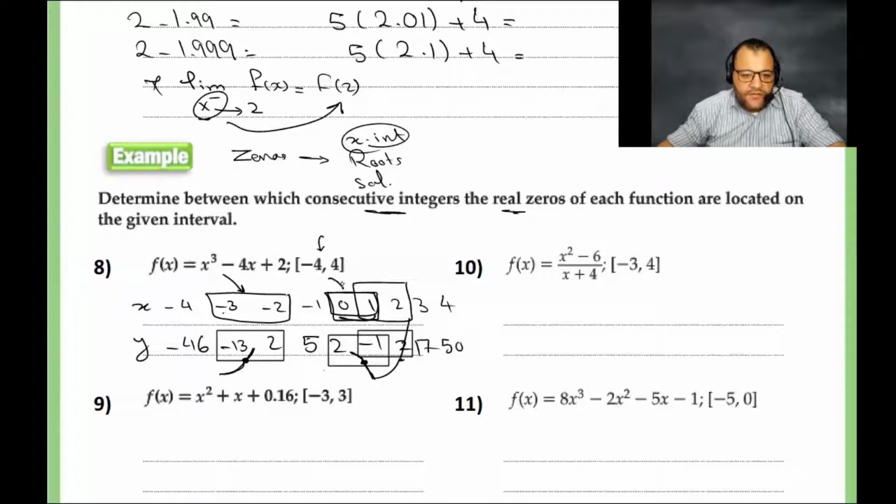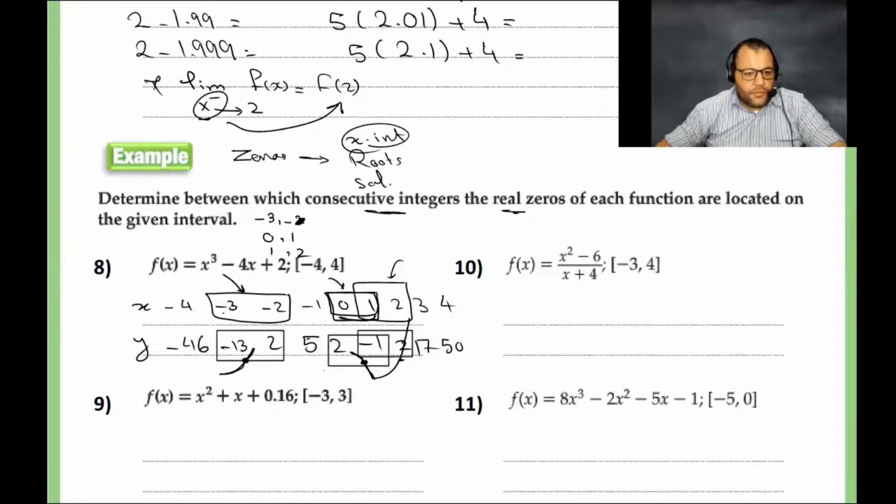It means now we have 3 solutions, 3 pairs. The first one between -3 and -2. The second one between 0 and 1. The third one between 1 and 2. Any problem for this one? So how do you write the answer?